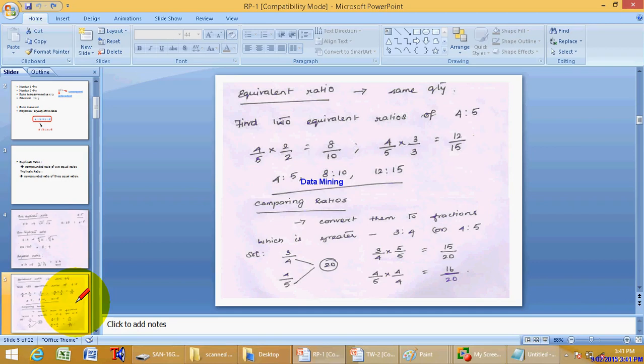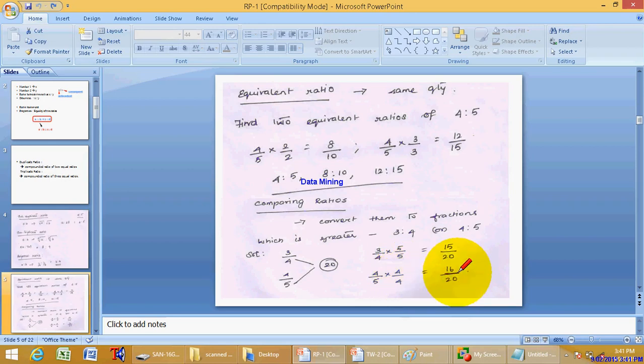See, in the first ratio the denominator is 4, and in the second ratio the denominator is 5. So take the LCM of 4 and 5, which is 20. Make this 20 common in both the ratios. That's what I have done here. So for 3 by 4, to make 20, I have to multiply by 5, and for the second ratio, to make the denominator 20, I have to multiply these terms by 4.